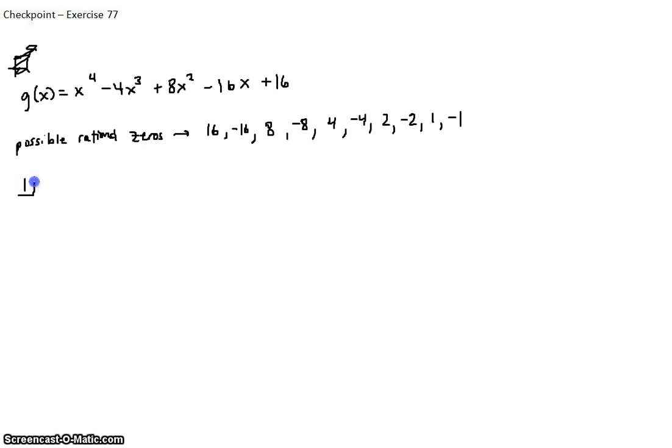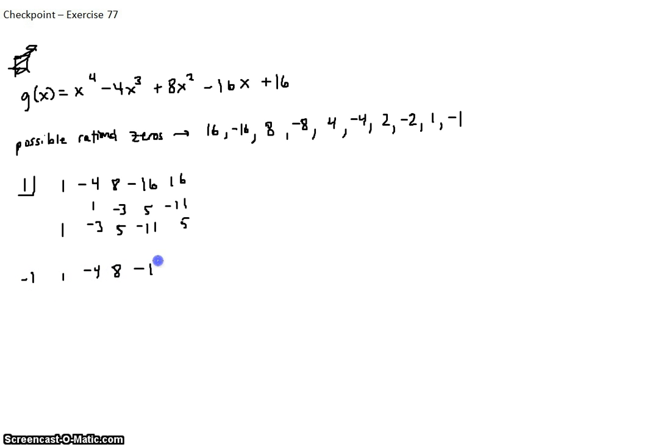and the quickest one to test would be 1. And let's see what happens. Well, that one didn't work, so now I'm going to try negative 1.